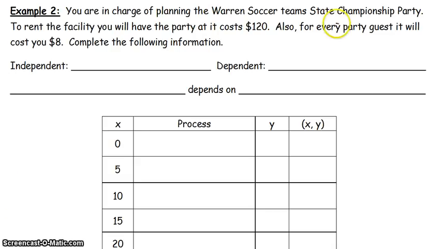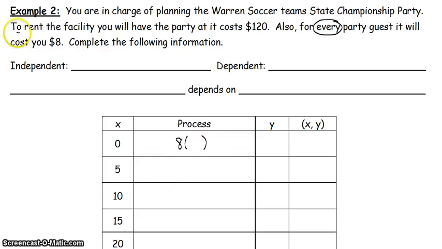We see this key word, every. Each, every, per. Those are our key words. Whatever number is associated with that is a number we're going to be multiplying by. So I know right away from seeing the word every in the sentence with 8, in my process, I'm going to have 8 times something.